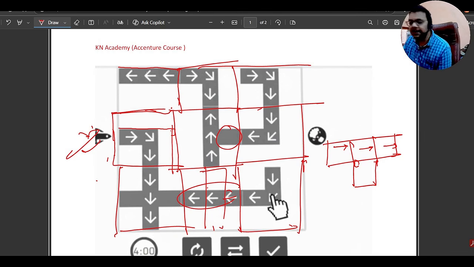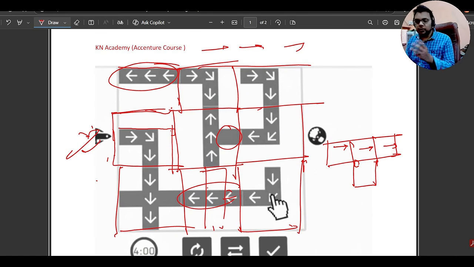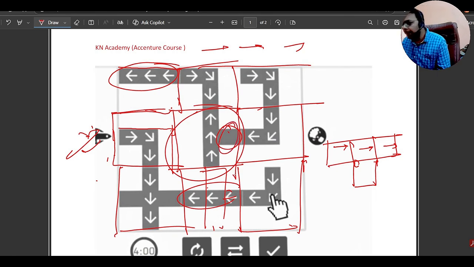So basically, let's quickly do an exercise. Suppose there are these three arrows. Suppose we perform the change direction thing on this tile, then these arrows will look like this, this, and this. Suppose you do the rotation, then these arrows will rotate in a clockwise manner. And suppose this is the middle tile. In this middle tile, suppose you use the change direction. So this is the empty cell.